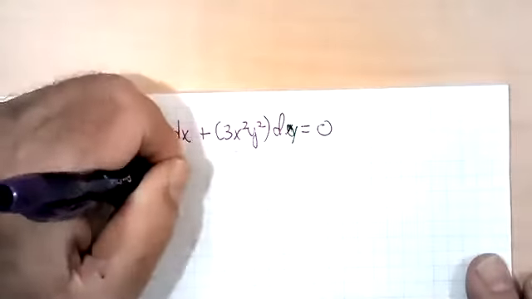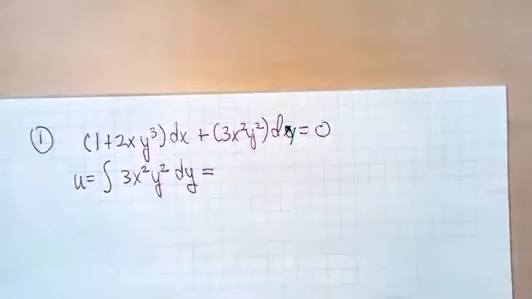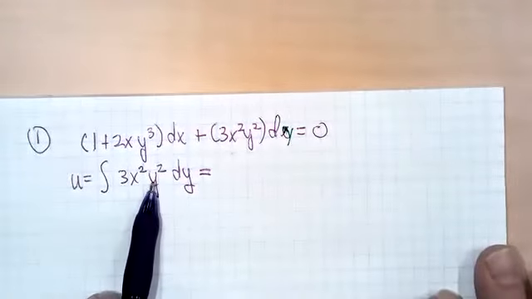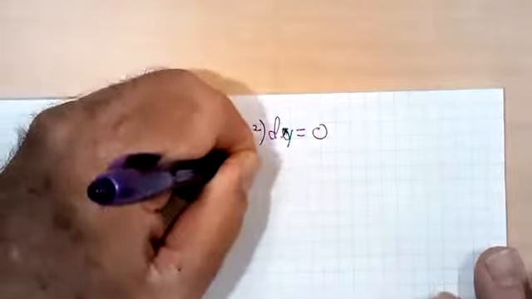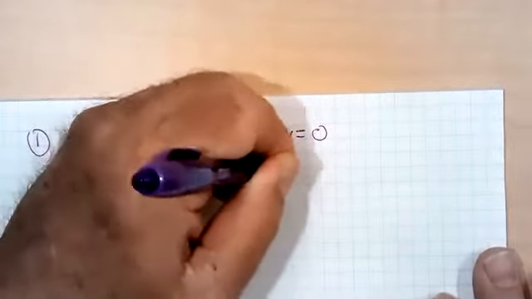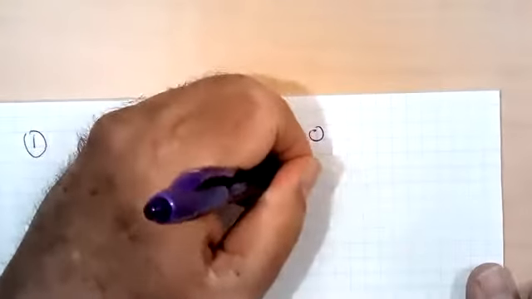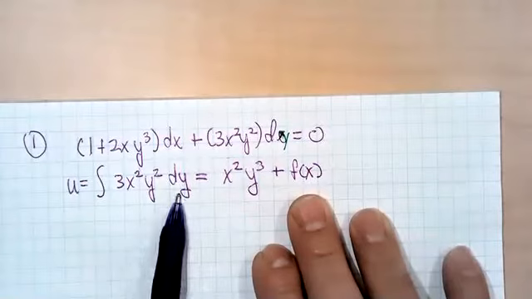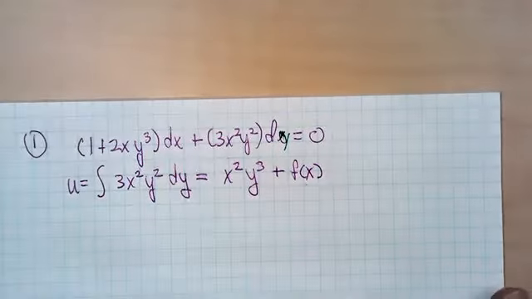It should be an antiderivative with respect to y. Okay, well, if we take the antiderivative with respect to y, 3y squared has antiderivative y cubed. And then once again, there could possibly be a function of x alone, no y, because we've taken care of all the y's here. But maybe there could be a term involving x.